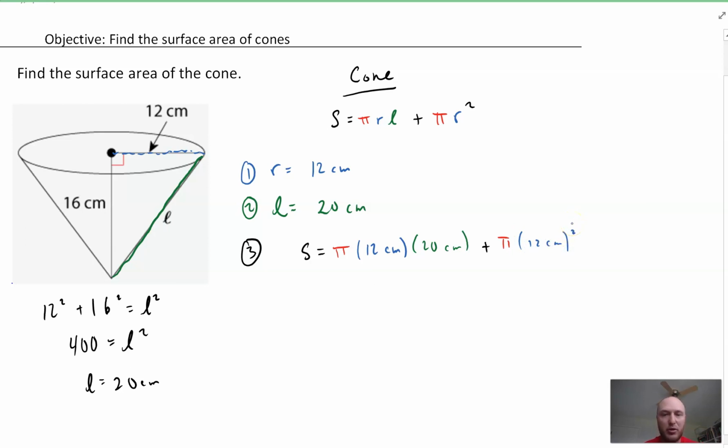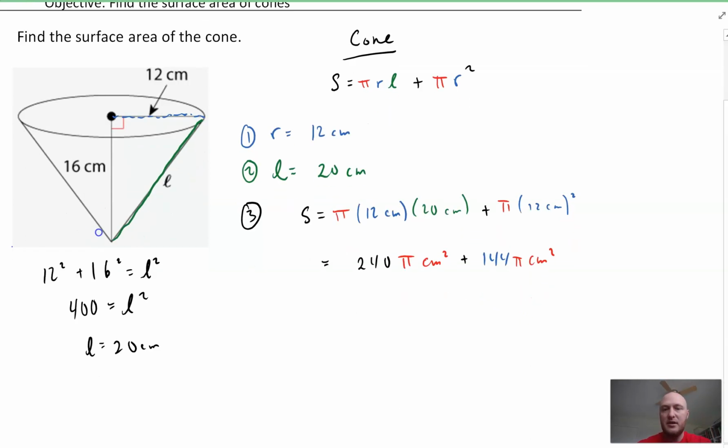It's very important first to execute your calculations and keep it in terms of pi. So 12 times 20 gives us 240 pi centimeters squared, plus 12 squared is 144 pi centimeters squared.